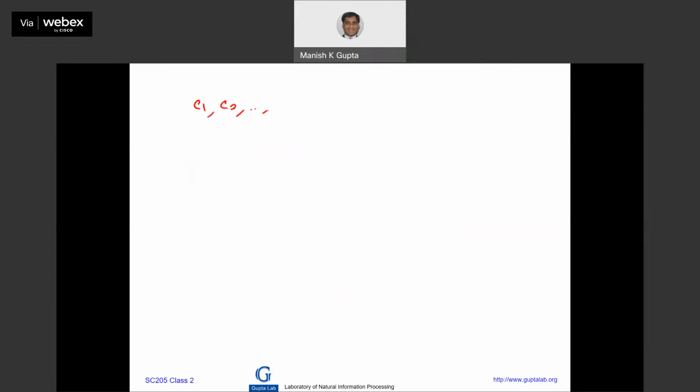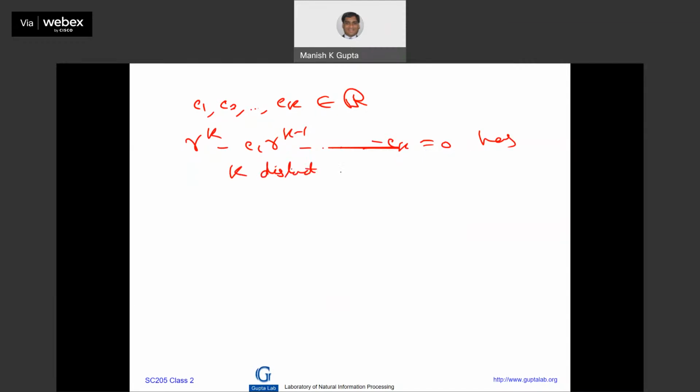C1, C2, up to Ck are real numbers, and suppose the characteristic equation r raised to power k minus C1 r raised to power k minus 1 minus dot dot dot minus Ck is equal to 0 has k distinct roots r1, r2, up to rk.